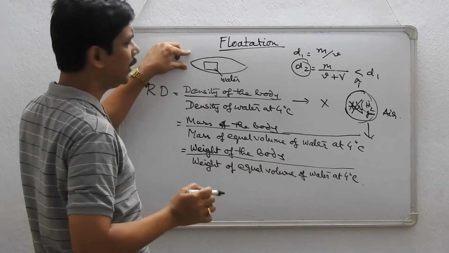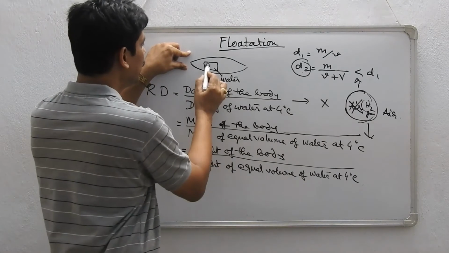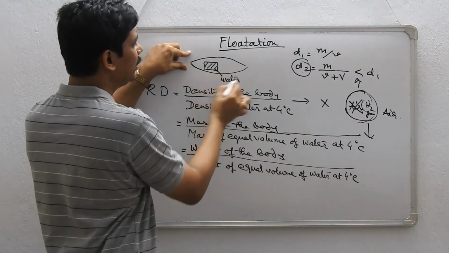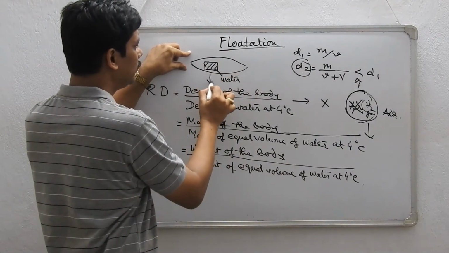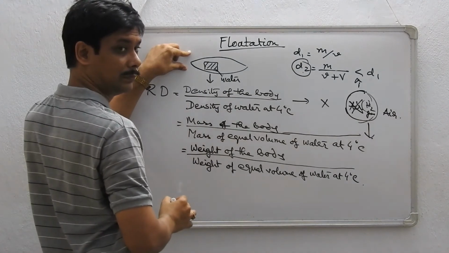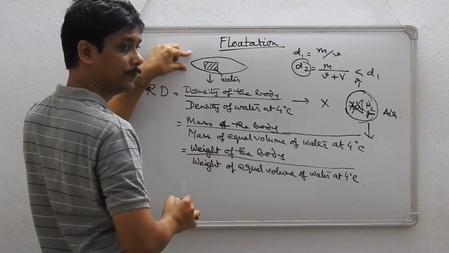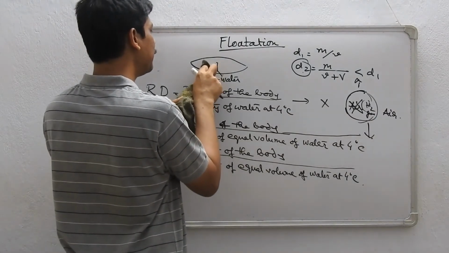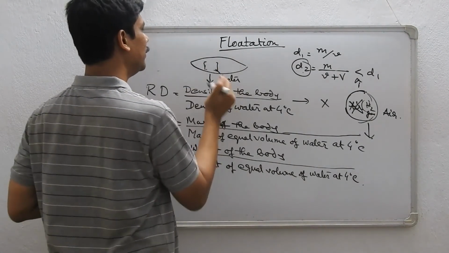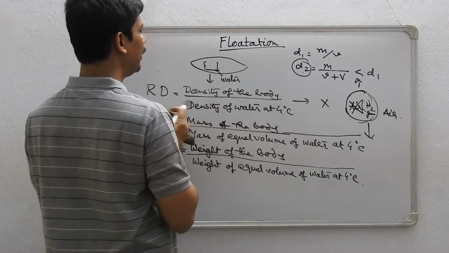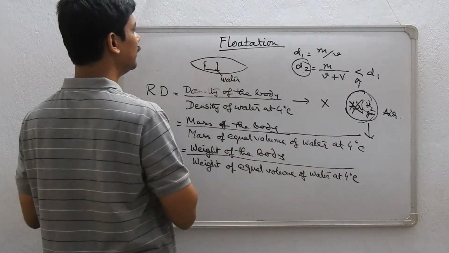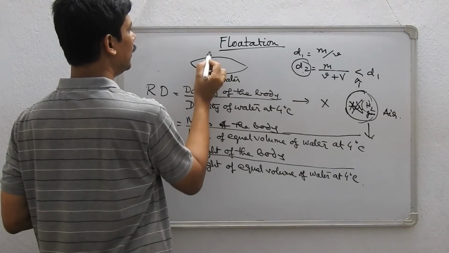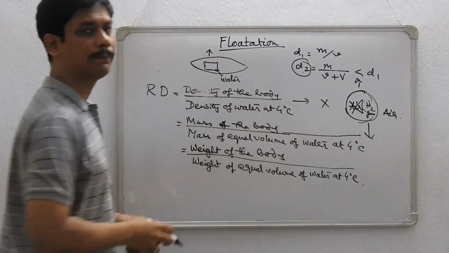So when the submarine takes in water, it becomes filled with water. Now it becomes heavier, so it goes down. At some point, it needs to go up. So it pumps out the water from inside, and it becomes less dense, and therefore it floats up.